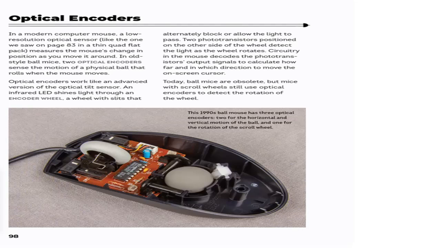Circuitry in the mouse decodes the phototransistor's output signal to calculate how far and in which direction to move the on-screen cursor. Today, ball mice are obsolete, but mice with scroll wheels still use optical encoders to detect the rotation of the wheel.